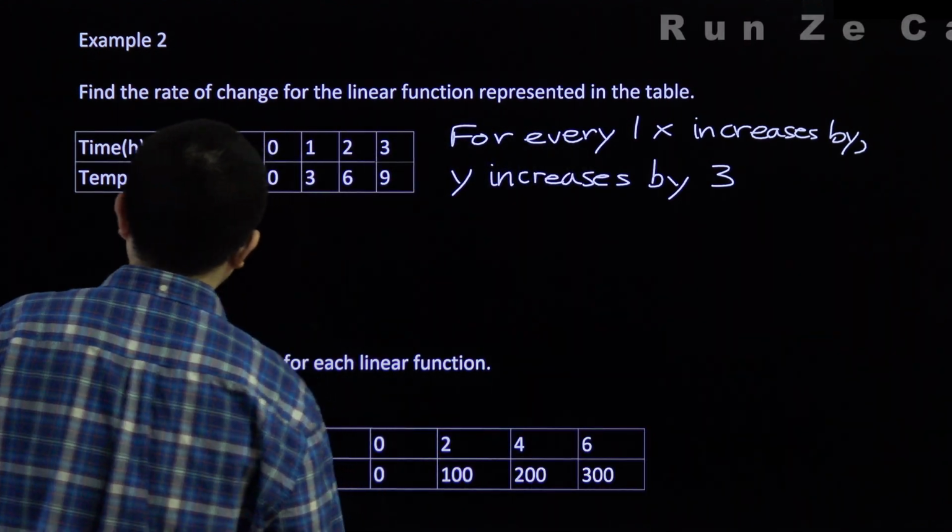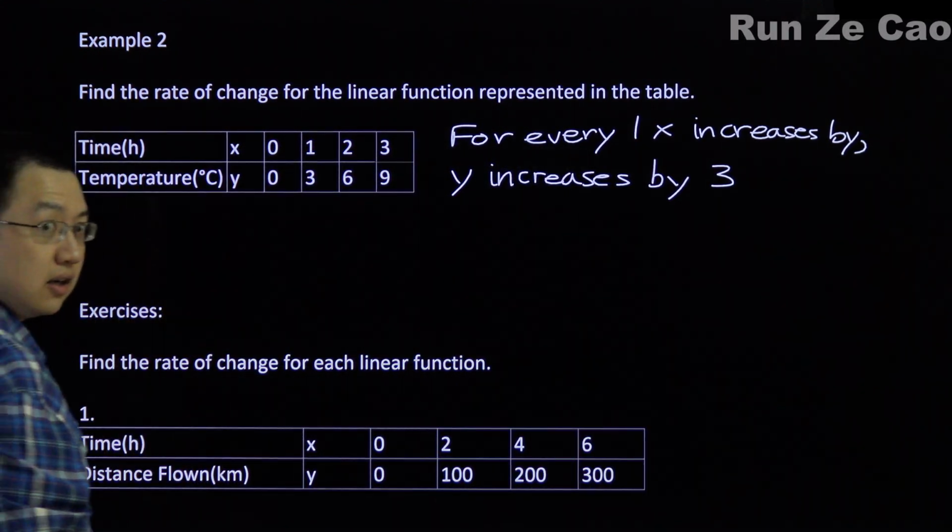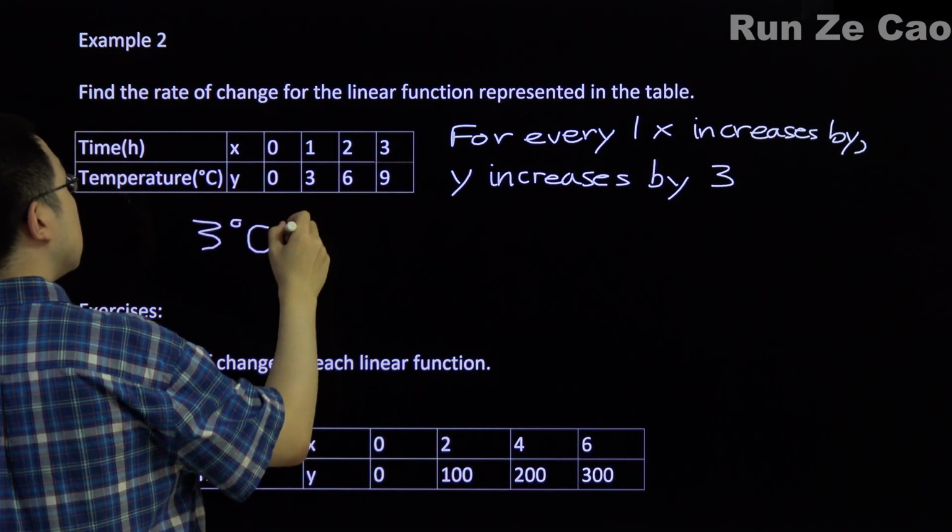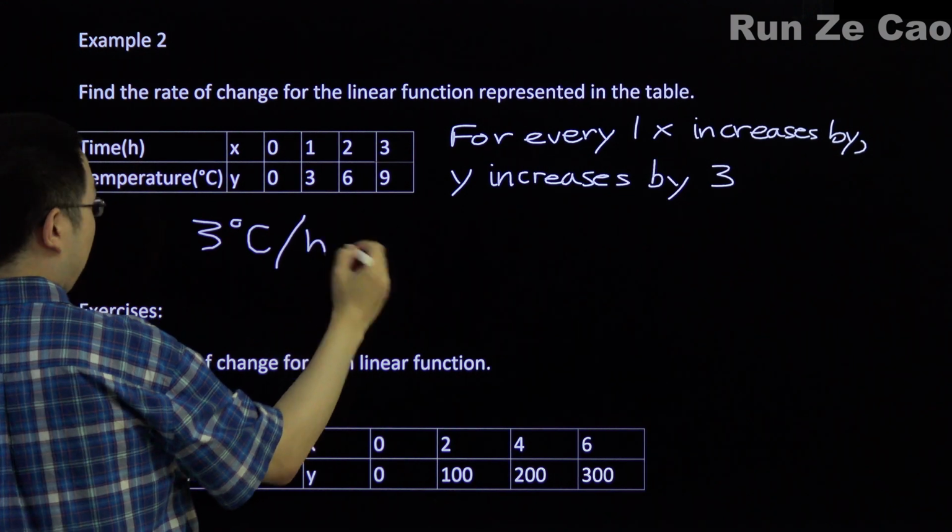Now the rate of change, considering we actually have units here, would be 3 degrees Celsius per hour.